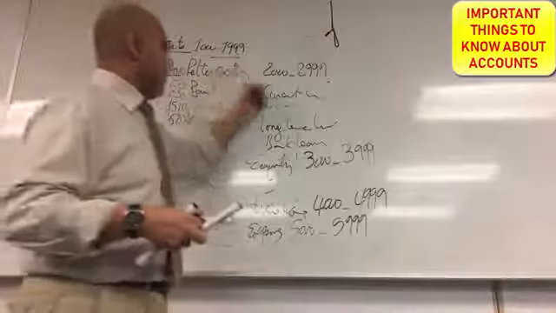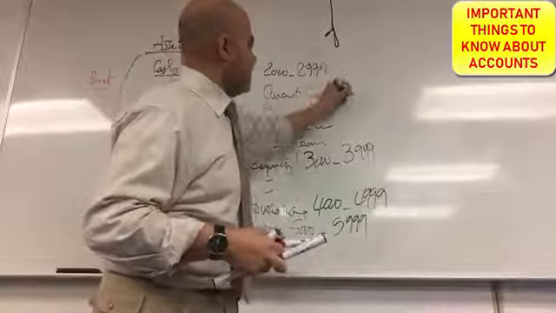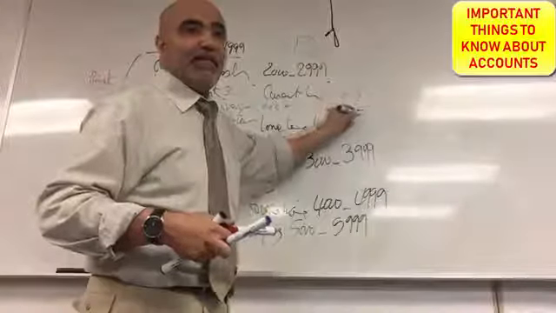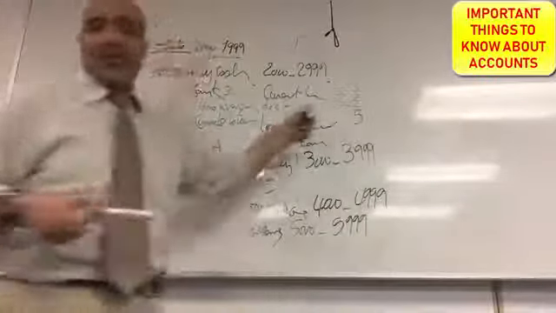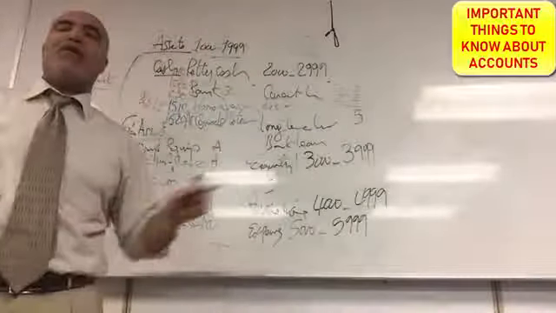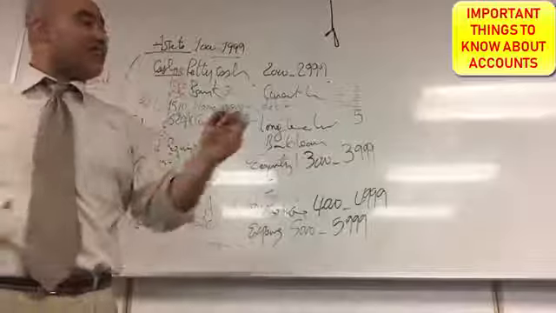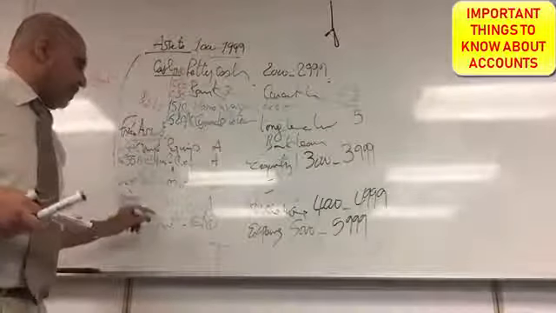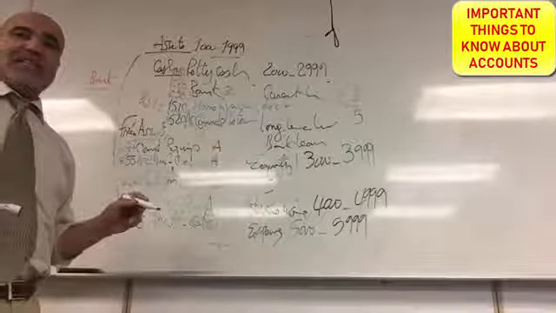Look, if you take 3 plus 2, the subtotal is 5. The same thing: 3 is office furniture and equipment, 2 is accumulated amortization.